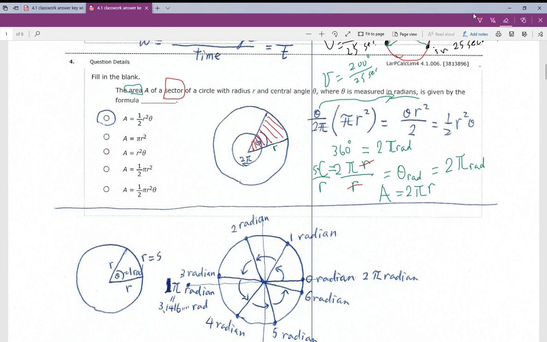Like if this angle is 1/3 of the whole circle, then the area will be 1/3 of the whole area of the circle. So you just use theta divided by 2 pi. If the answer is 1/3 or 2/5, depending on the fraction, then you multiply this fraction by the formula of the area of the circle. Then you can find the area of this sector.